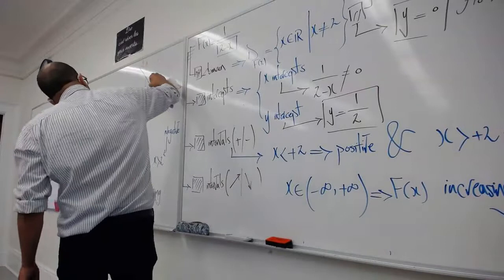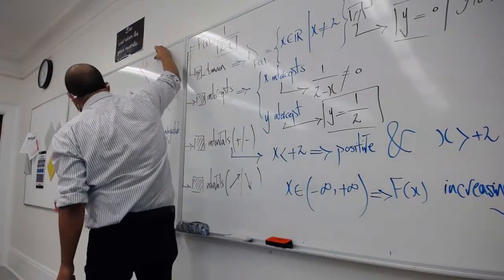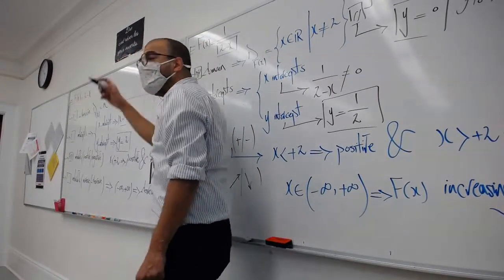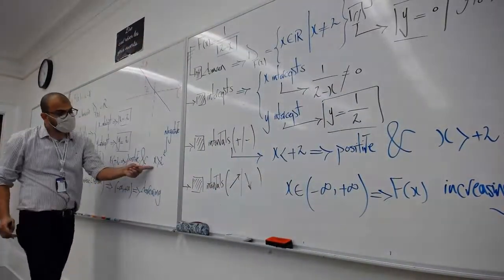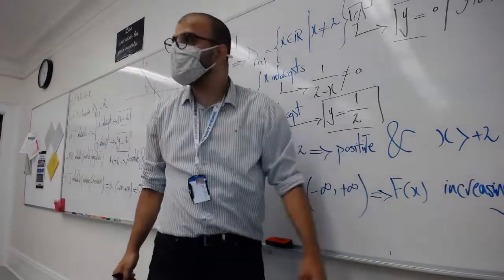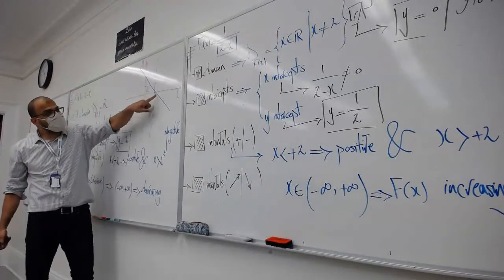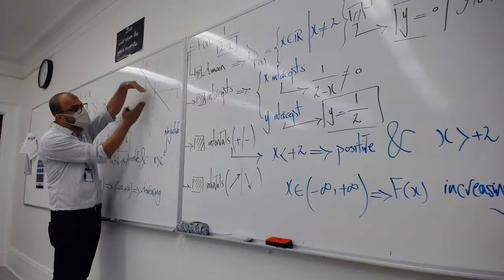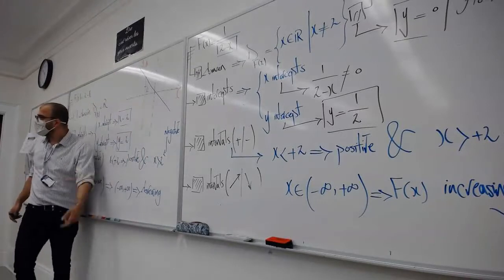It means that before I reach this point, this function should be on top of the x-axis. But after 2, when x is greater than 2, the function becomes negative. The 2 is here. After 2 means the function is negative, so the function should be here, below the x-axis. You got this one? The implication of this one here?